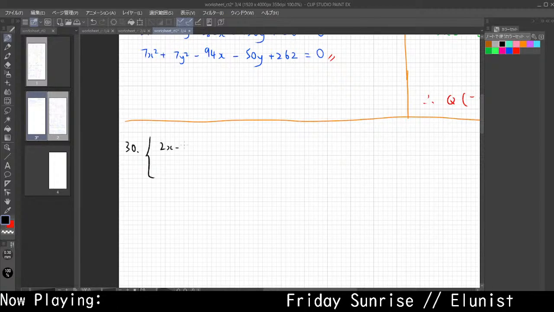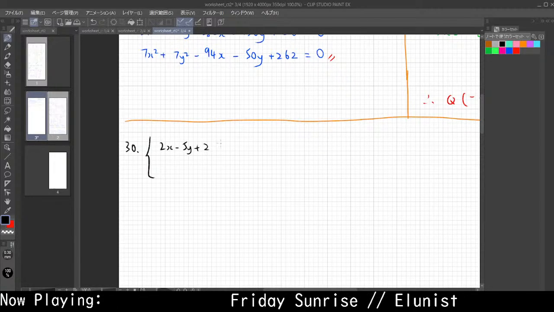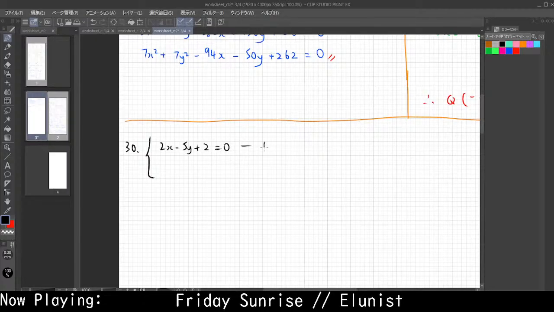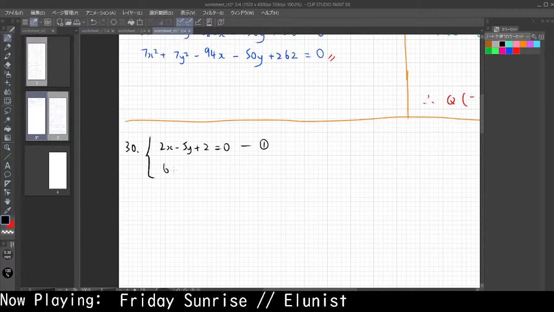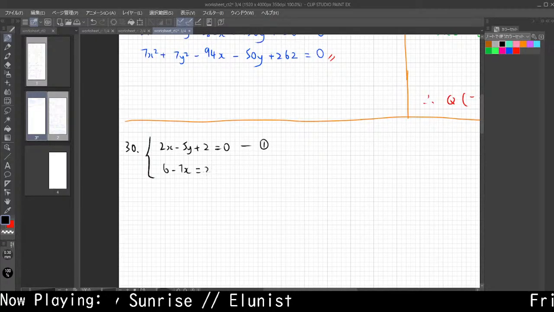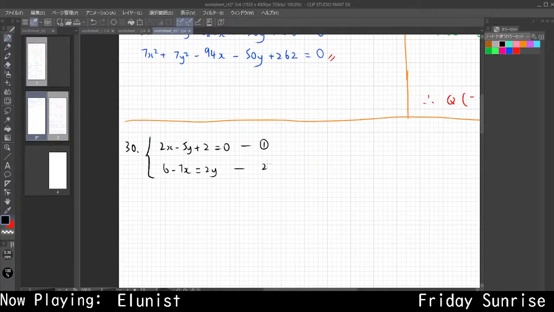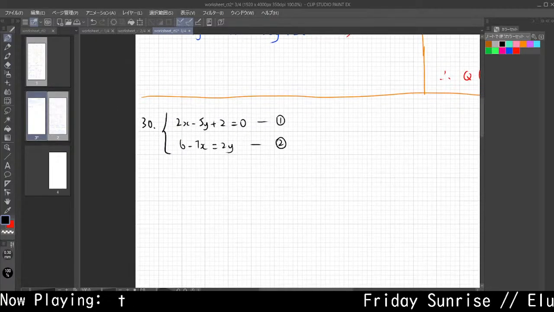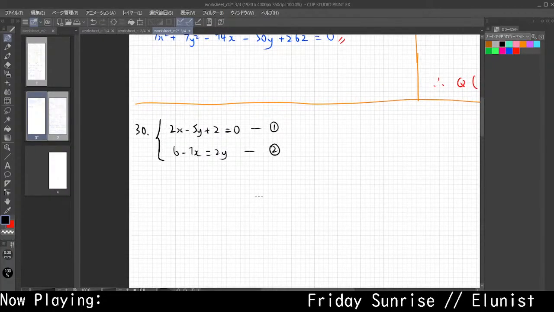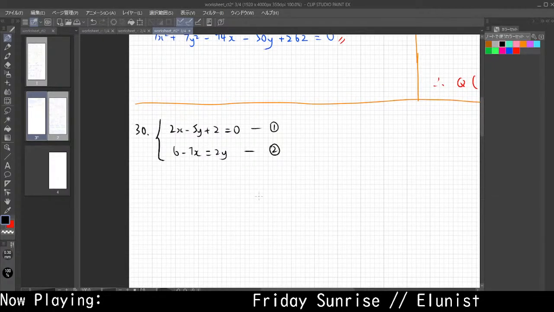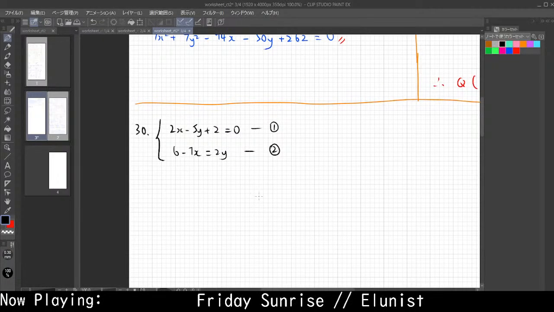So equal to 0, this is equation 1, this is equation 2. So if you want to, you can rearrange them into the easier to look at form.